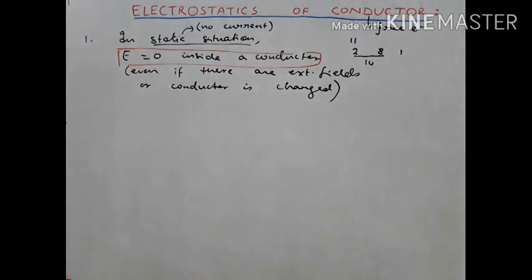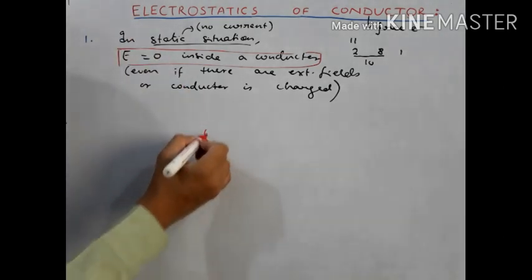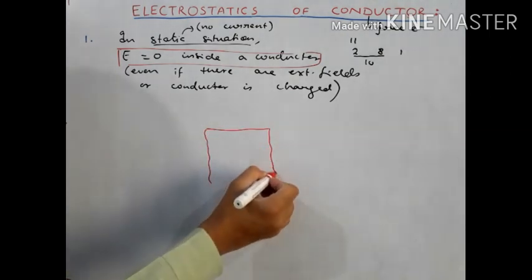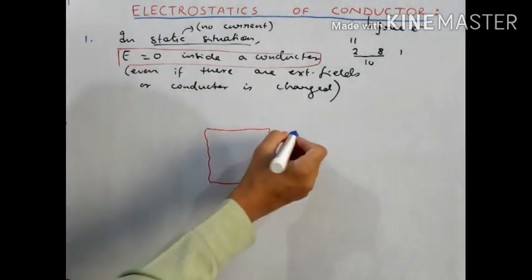Now let me try to elaborate this particular property. Suppose we have a conducting material like so. This is a conductor and there is some electric field applied externally like so.